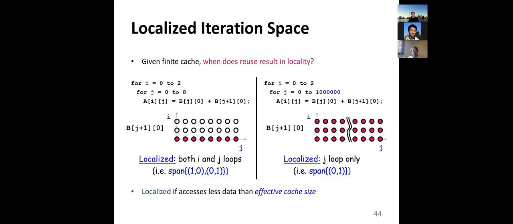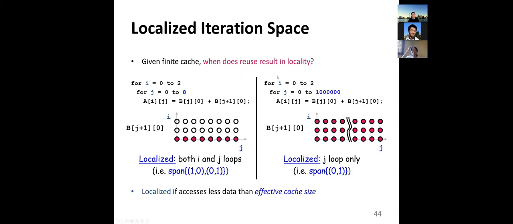So it really depends, as you can imagine, on the effective cache size. So localized, right, here versus here would depend on that dimension. So you see here, I will iterate from 0 to 8. Here we iterate from 0 to 1 million, right? So that's the difference.